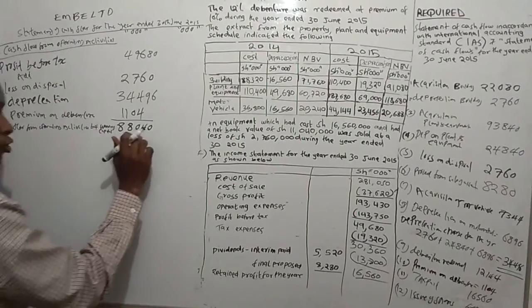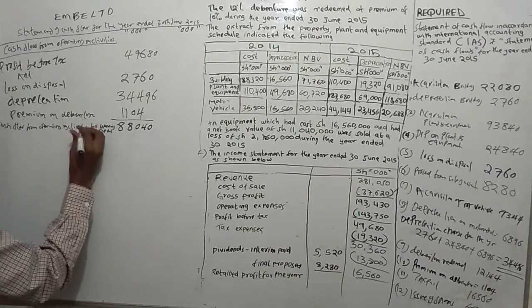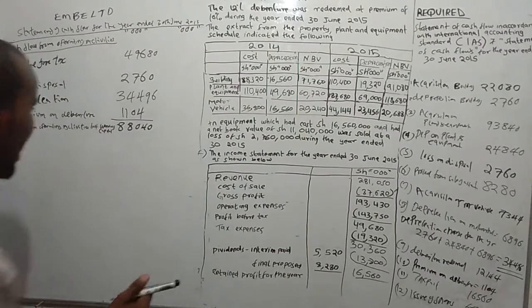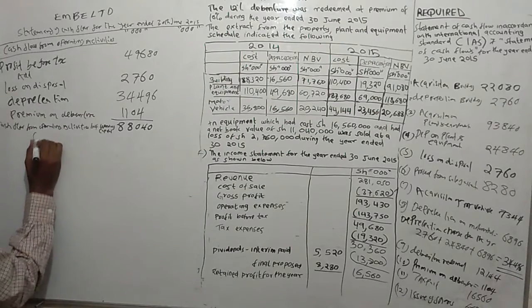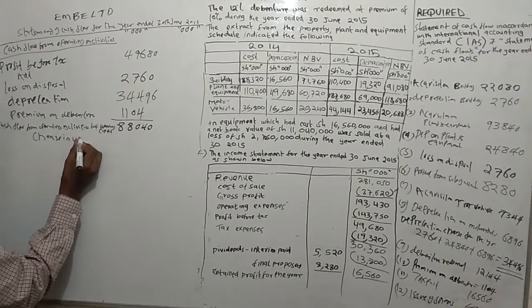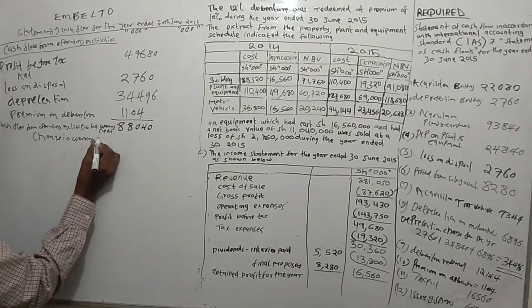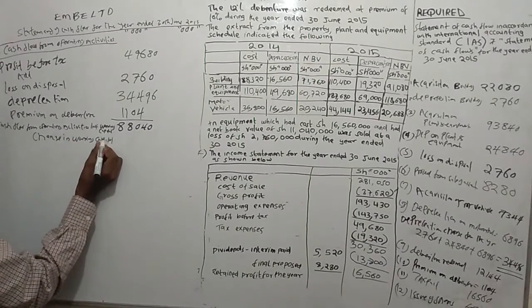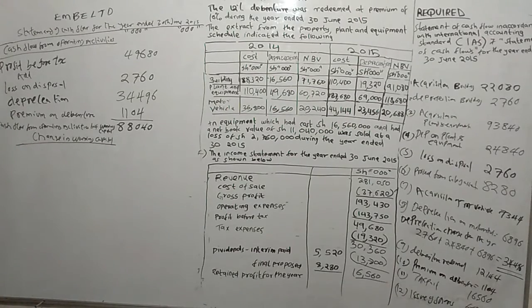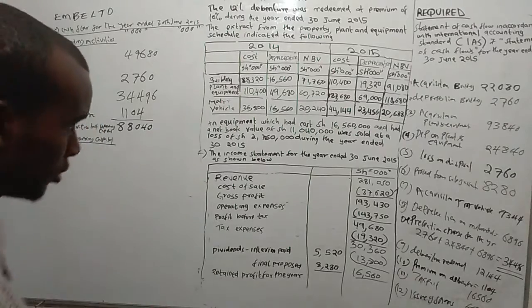This 88,040 is the cash flow from the operating activities before working capital. Now we go to the change in working capital.